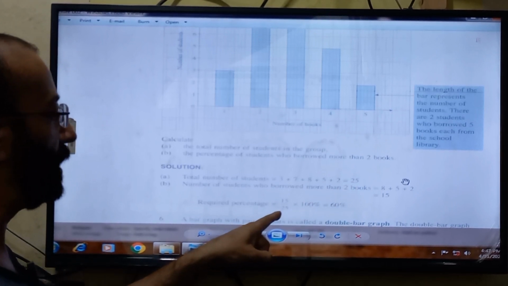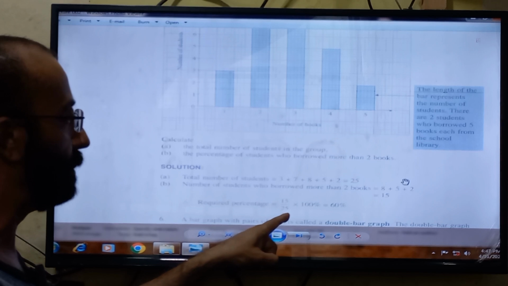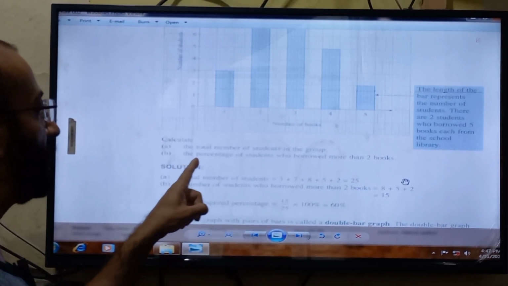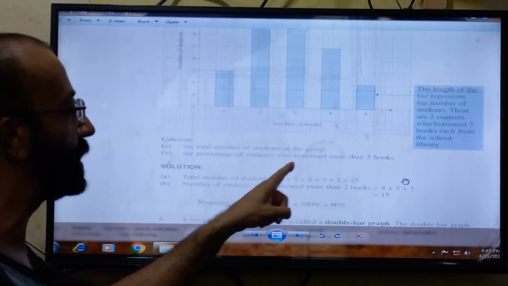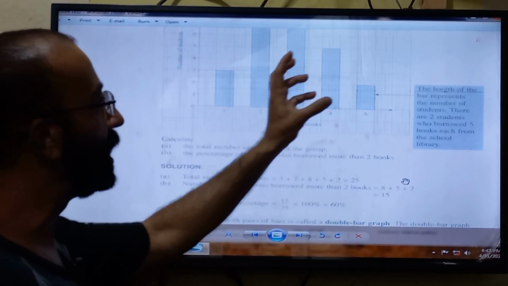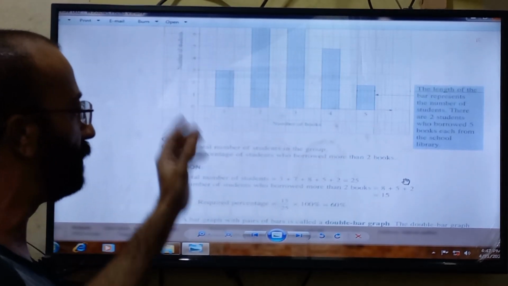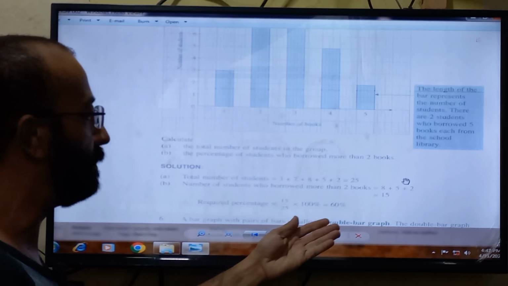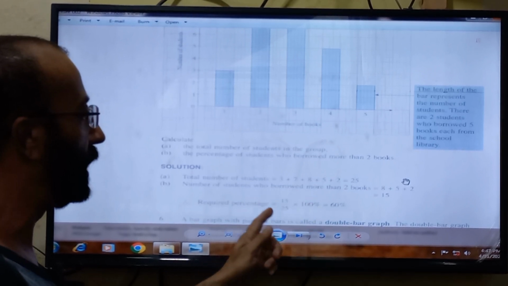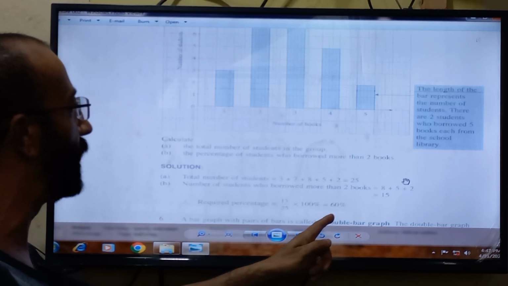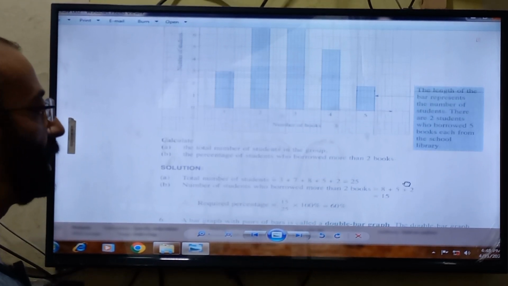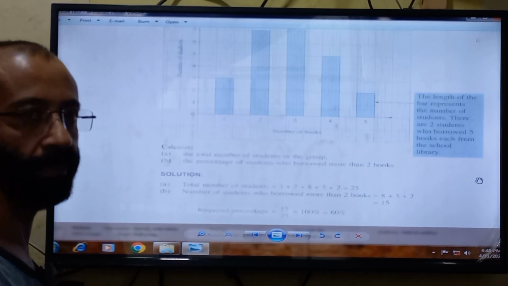So 25 total will be put in the denominator, multiplied by 100%, because percentage of the students is the requirement. So the required number will be put in the numerator, total number will be put in denominator, multiplied by 100%. After solving it on the calculator, you will get an answer that is 60%. So this is the answer.